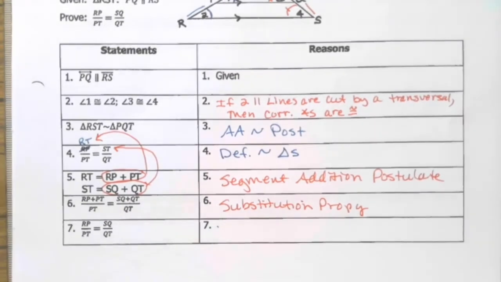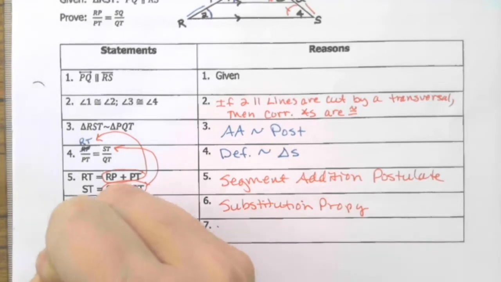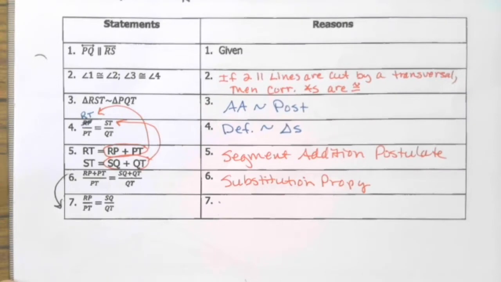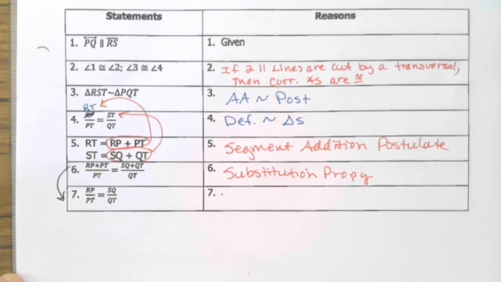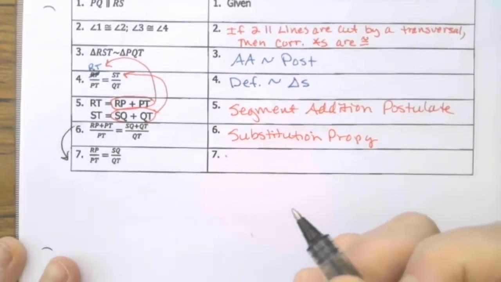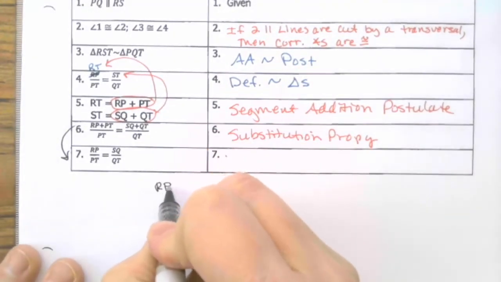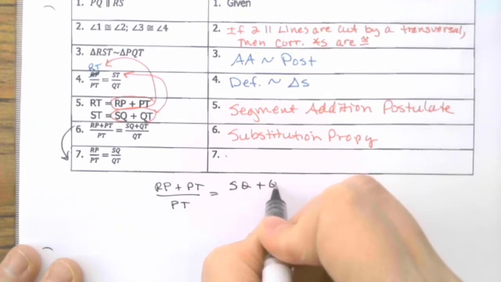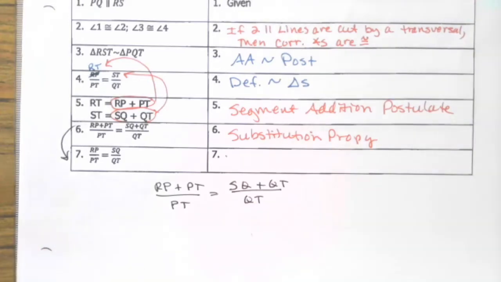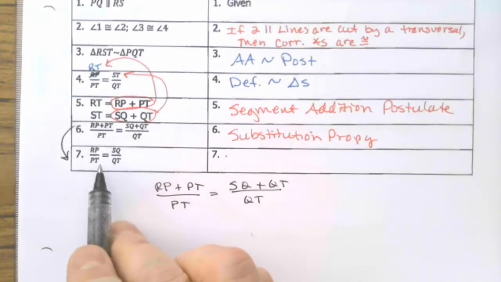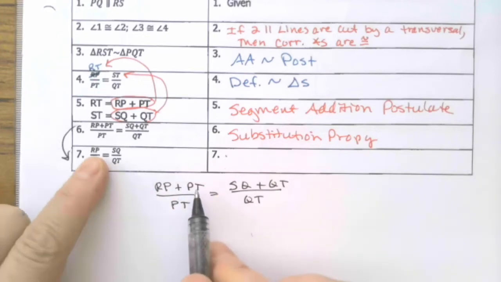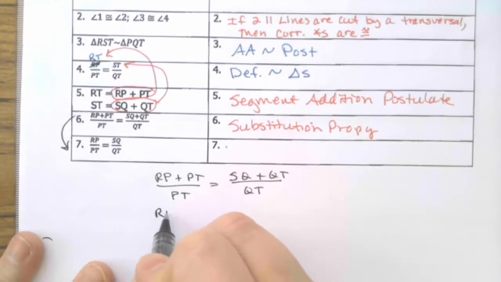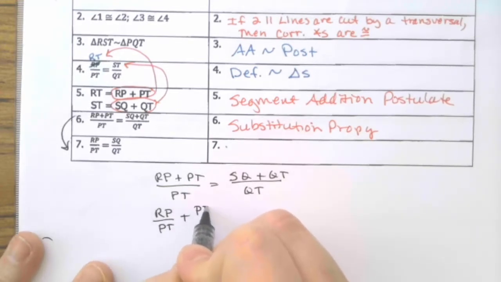And then to go from here to here, you can look up the property, but we want to see if it's possible to go from there to there. So let's do that down here before we do our final answer. So RP plus PT over PT equals SQ plus QT over QT. And we want this to look like this. So first thing we need to do is get rid of the PT on the left and the QT on the right. We're going to do that by splitting RP over PT plus PT over PT.